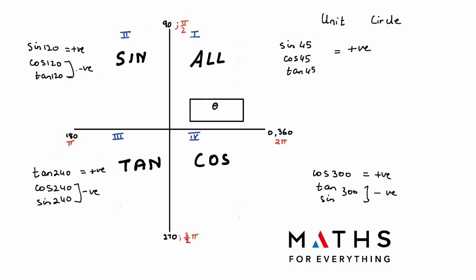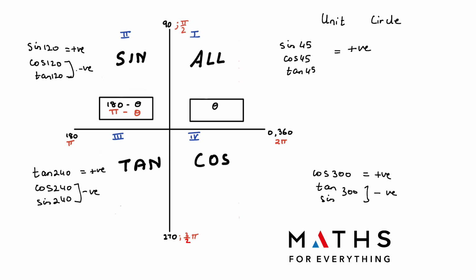For the unit circle, we do not use 90 and 270. 180 and 360 are the important angles. So in the second quadrant, your angle is going to be less than 180. Therefore, it is 180 minus theta.